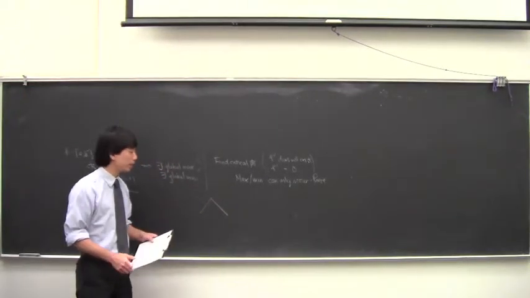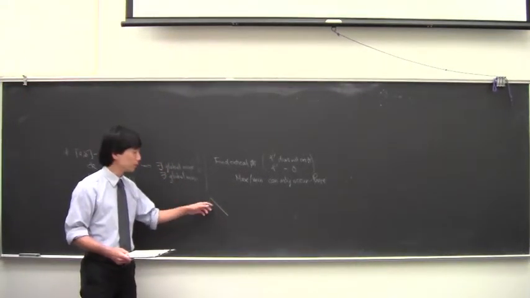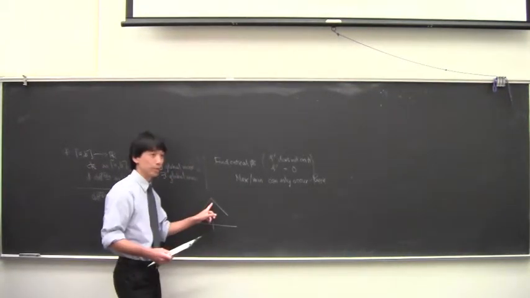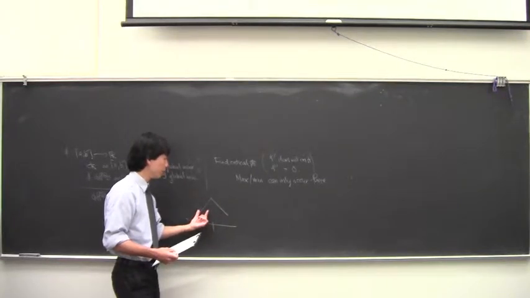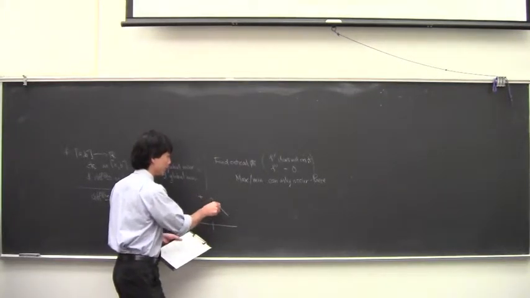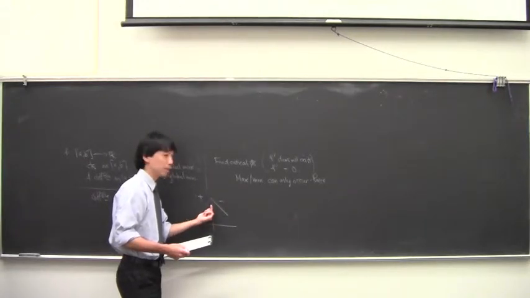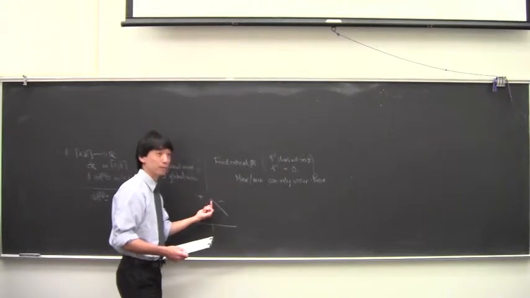Here's your critical point. It's a place where the derivative doesn't exist. You know that that's a possible location for a min or a max. And so you check the derivative before. Lo and behold, the derivative before is positive and the derivative after is negative. And so that tells you that that point where the derivative didn't exist is actually a local max.